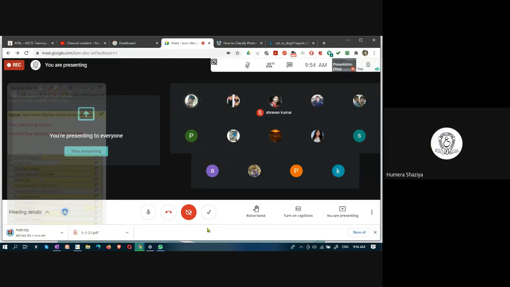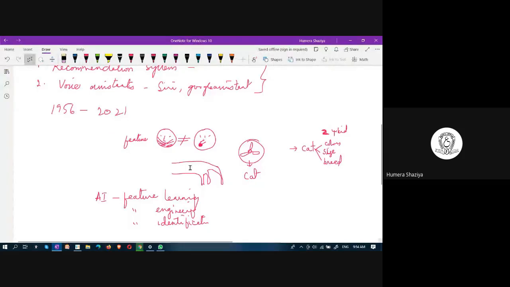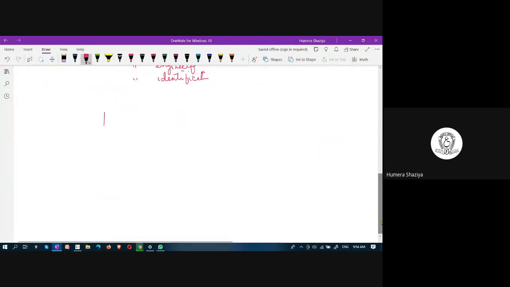Yes, you can train the system with audio, with images, with videos. You can train the system with any kind of data. The structure of an artificial intelligence system would be like this. There is a model. You create a model. To this model, you specify the data and you specify the rules.